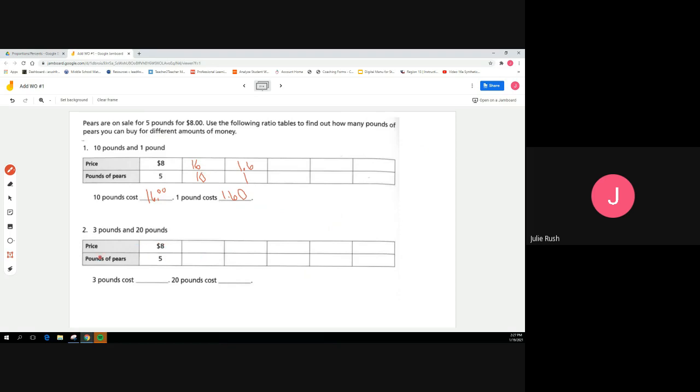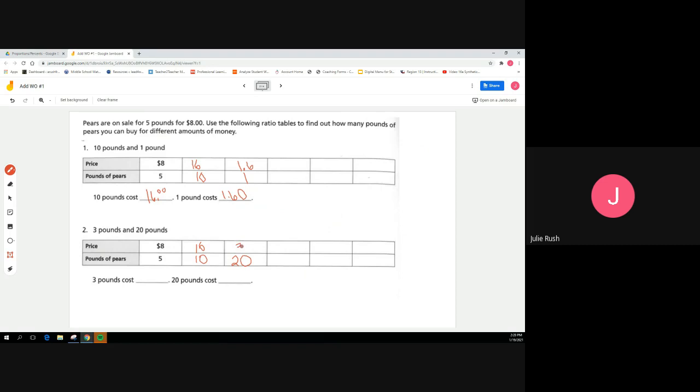Again, starting with our ratio, price on top, pounds of pears on the bottom. We're trying to get to 3. Well, let's go ahead and do it like we would have done it if we didn't have any help. So we would have doubled and gotten to 16. We're going to double again to get to 20.